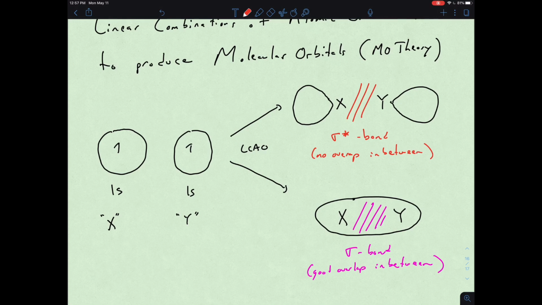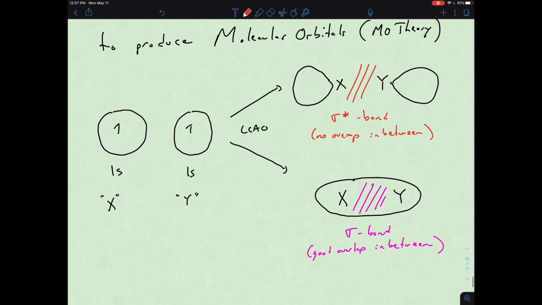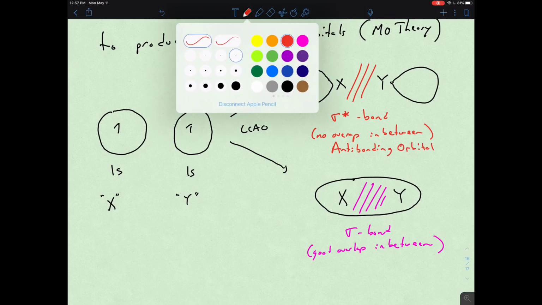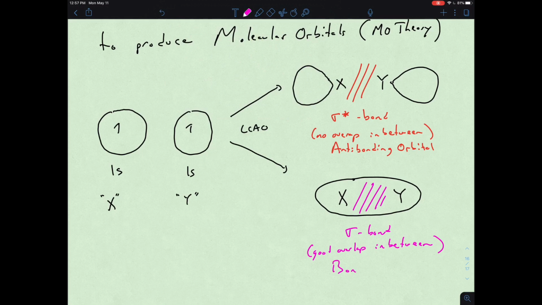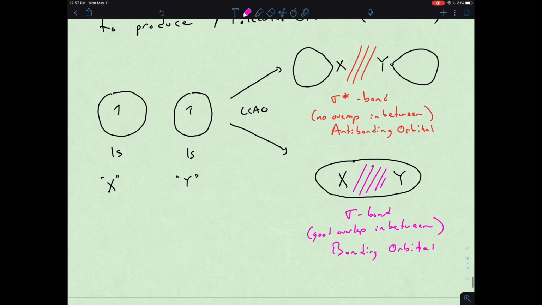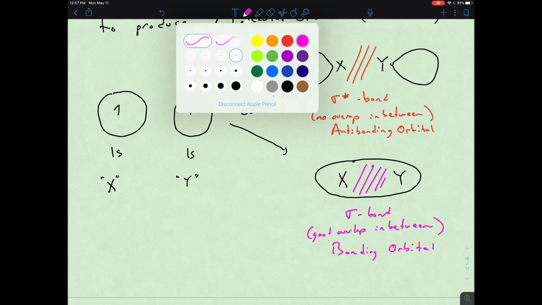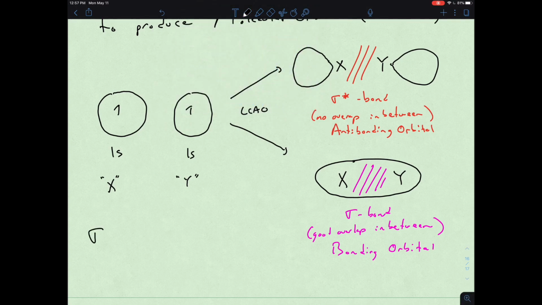So what are the differences between these two? Well, we have what's called the anti-bonding orbital, and we have a bonding orbital with these two different scenarios. So we have to remember that notion of wave functions going way back.